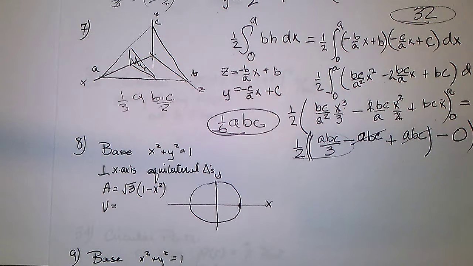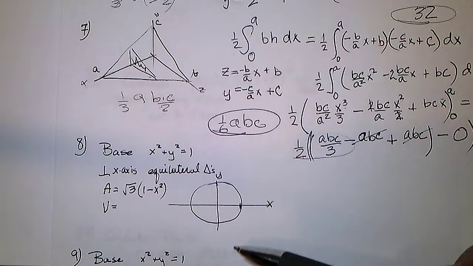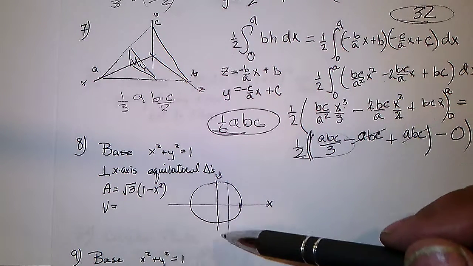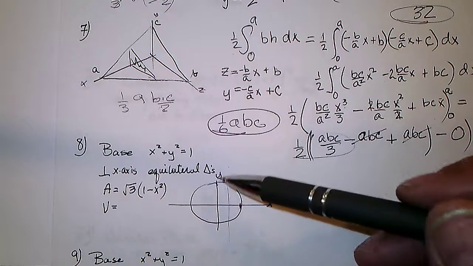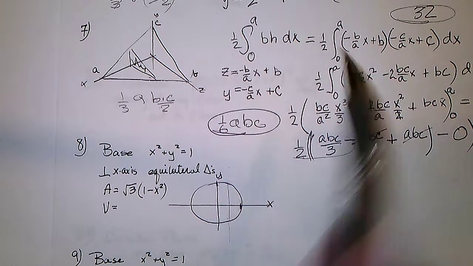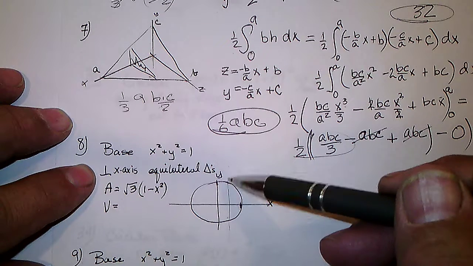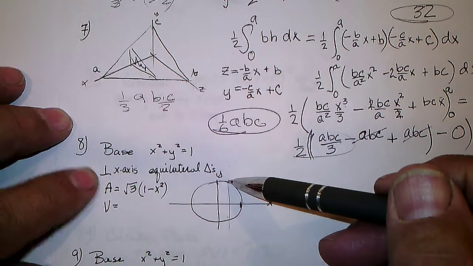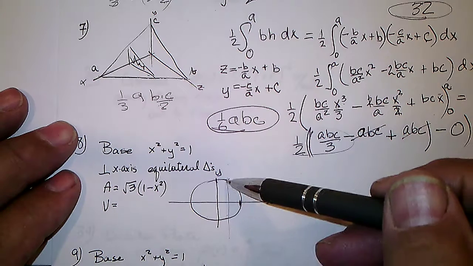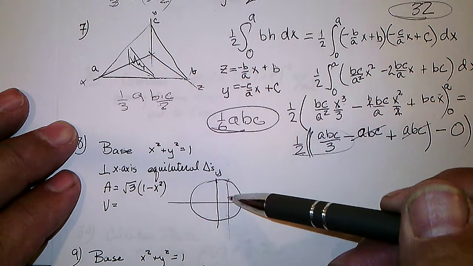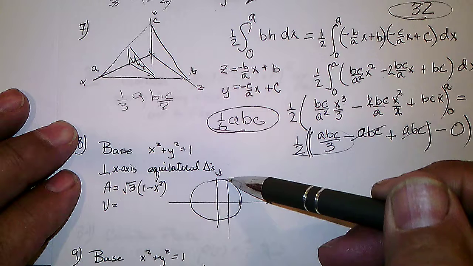This is a 3D something that has, if I cut it with a plane straight up perpendicular to the x-axis, what I get when I cut this shape is equilateral triangles. So this distance up and back down.